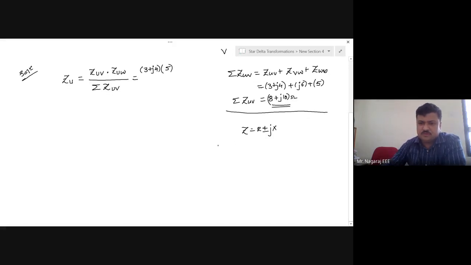If Z is equal to R plus Jx, then this implies inductive impedance. If Z is equal to R minus Jx, this implies capacitive impedance.